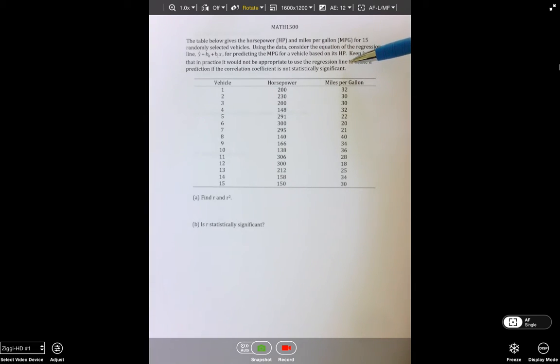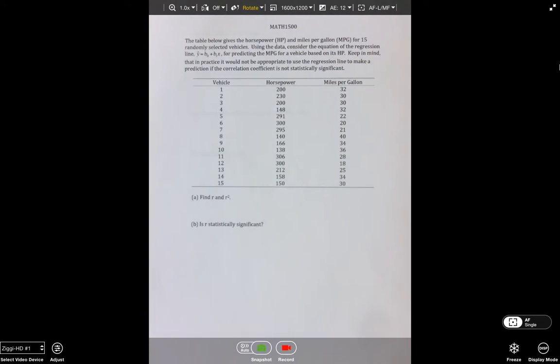So we're going to go through this statistical technique where we create this model. If we have a vehicle that comes in with a particular horsepower, we can predict its miles per gallon based on its horsepower.